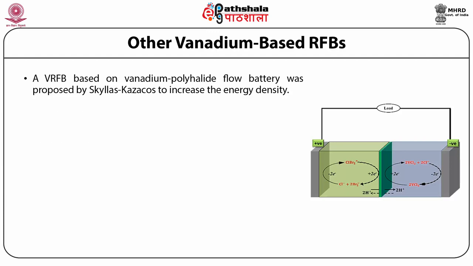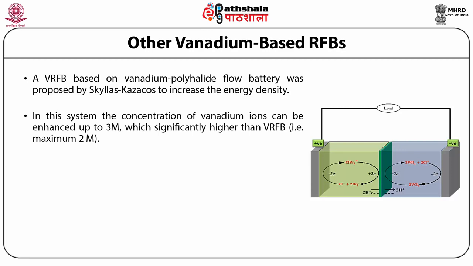In this system, the concentration of vanadium ions can be enhanced up to 3 molar, which is significantly higher than VRFB, that is maximum of 2 molar. In vanadium polyhalide system, the higher solubility of vanadium avails the energy density up to 50 watt-hour per kg.